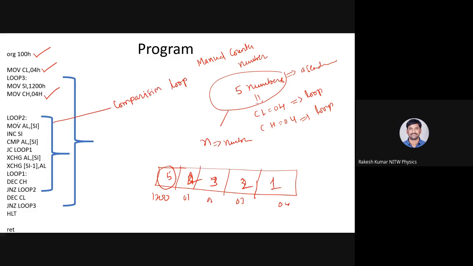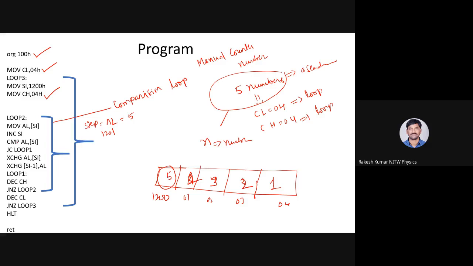So what it does, if you look here, MOV AL, [SI]. What happens? Tell me here in the first step. What value will be in AL now? 5. Very good. So in the next instruction, what happens? Increment SI. SI goes to which location? 1201. So next, what is it doing?